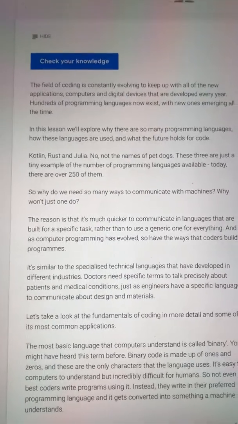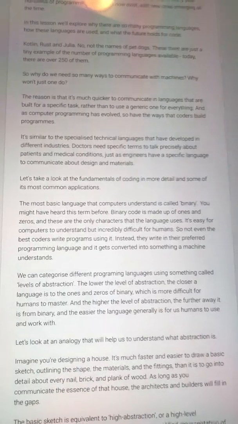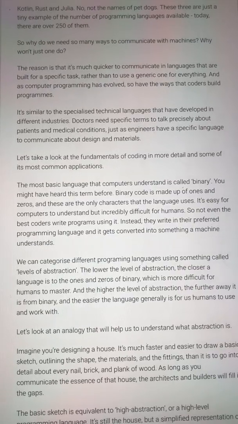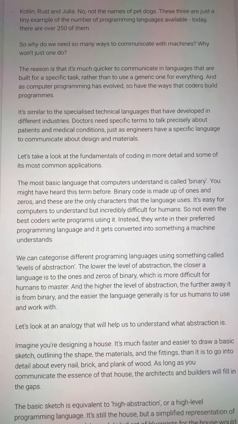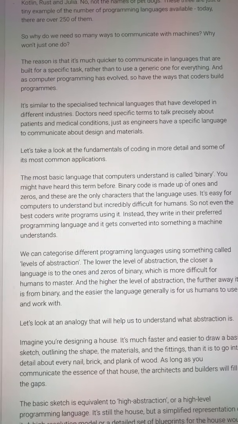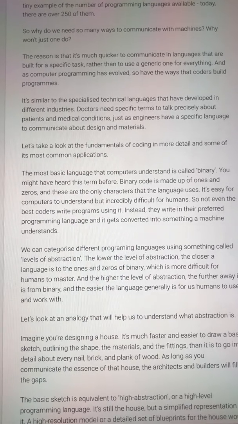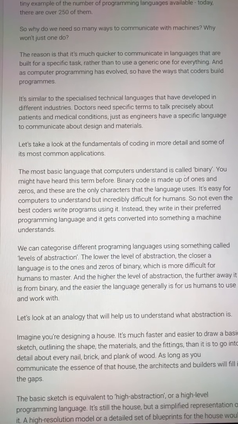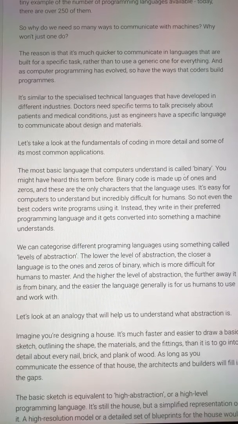The reason is it's quicker to communicate in languages that are built for a specific task rather than to use a generic one for everything. And as computer programming has evolved, so have the ways that coders build programs. It's similar to the specialized technical languages that have developed in different industries.